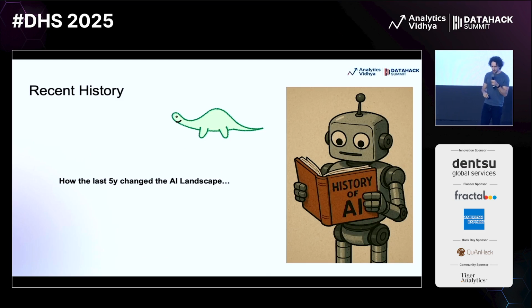A bit of history. 5 years ago, this is a very strange way of telling what happened because we're talking about recent history. 5 years ago, the world changed, and also my world, because ChatGPT was released. A lot of people, consumers, were amazed by the things that we can do.